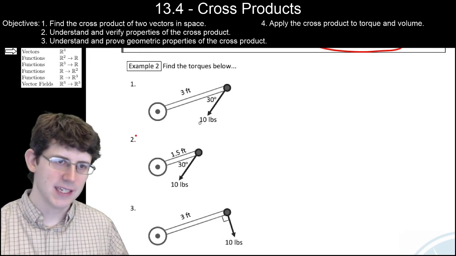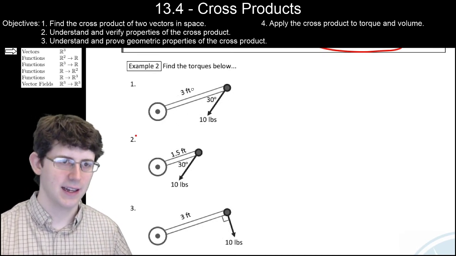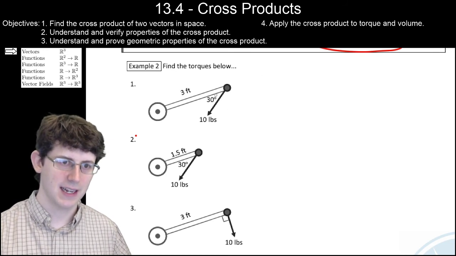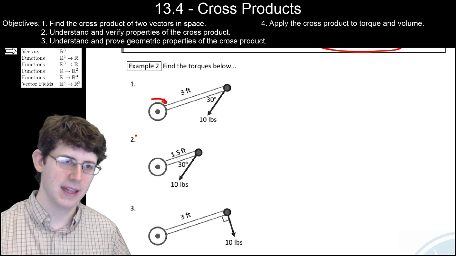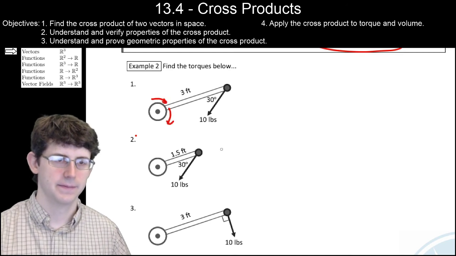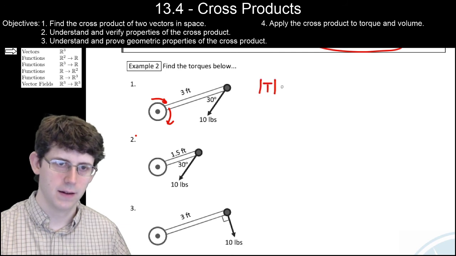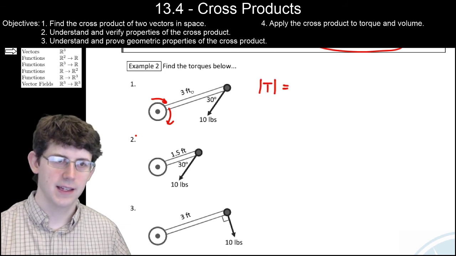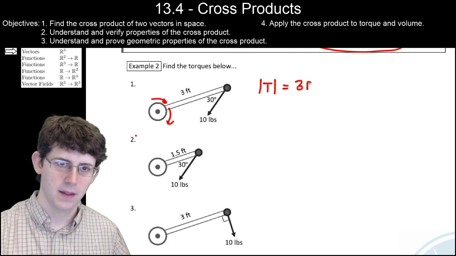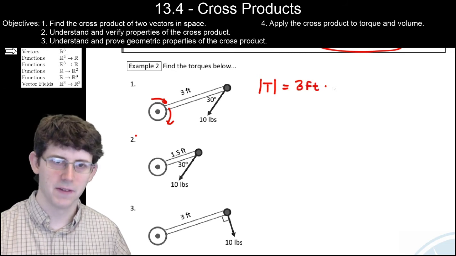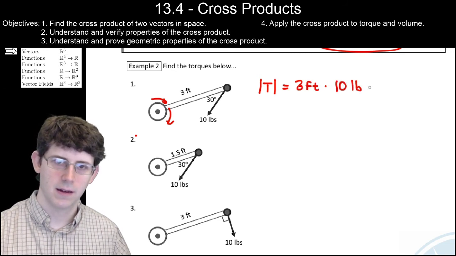So how do you do this? Well, you say, okay, I've got a lever arm of length 3 feet. I'm doing 10 pounds of force at this angle, and I'm trying to spin this lever. Well, the amount of torque is the length of the arm times the amount of the force times the sine of the angle.